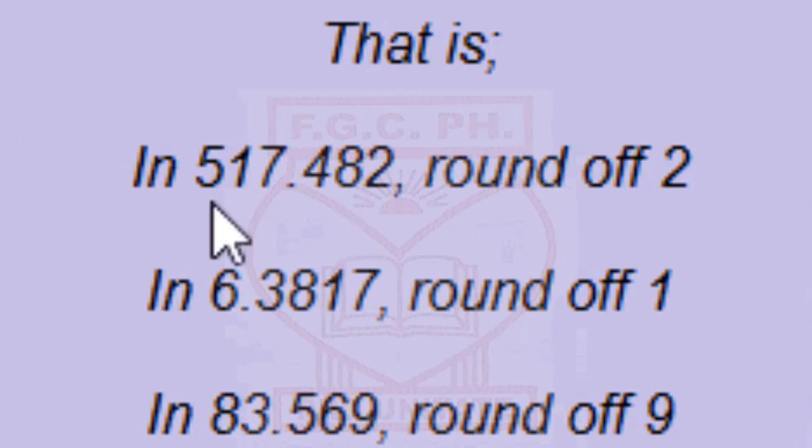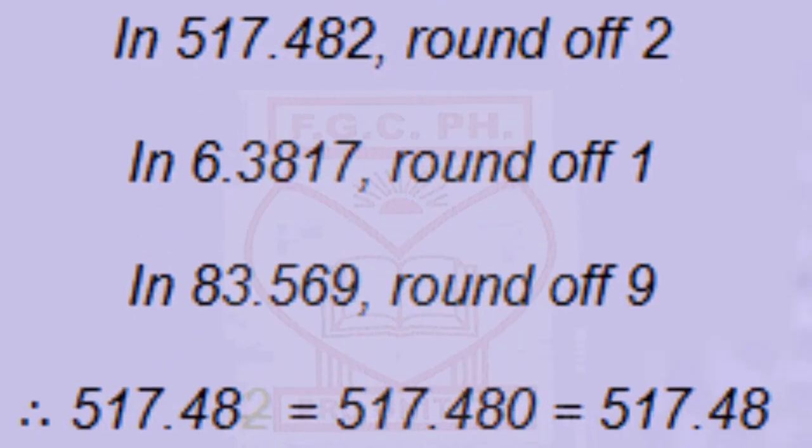So if I want to approximate 517.482, I should know that 8 is the 100th digit. So I will round down 2, and that becomes 517.480, which is 517.48, and that's what happened here.